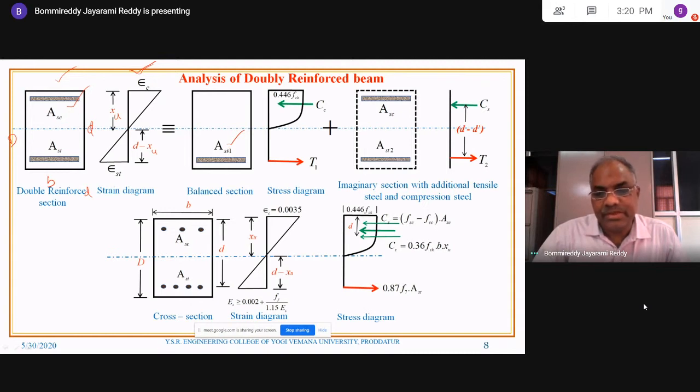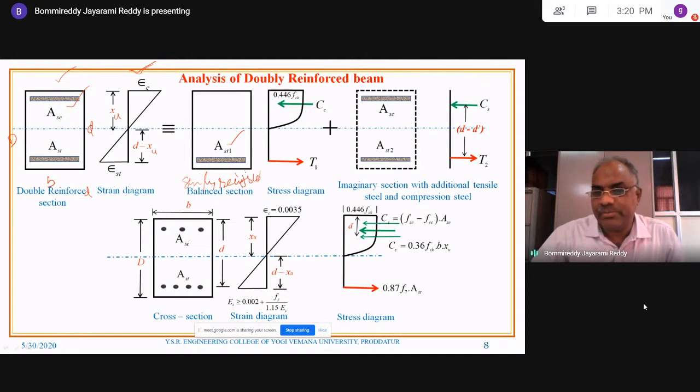AST1 is the area of the tensile steel reinforcement required for the balanced section. So this is called the singly reinforced balanced section. What is the remaining? Already the total concrete is considered here.